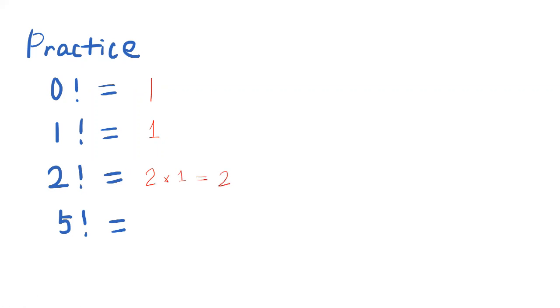This equals 2. So how about 5 factorial? 5 factorial is 5 times 4 times 3 times 2 times 1, right? And this is 20 times 6, which is 120. So understand? Any questions regarding factorial? No? Okay.